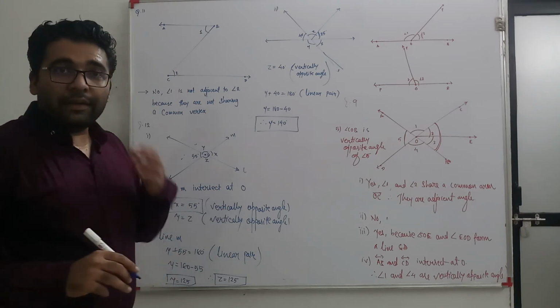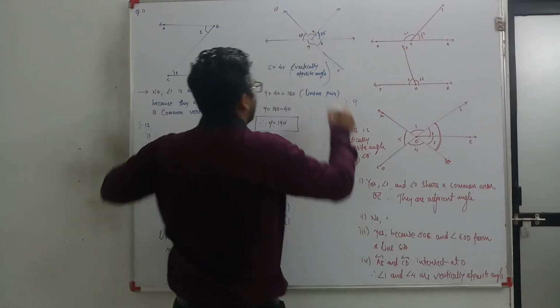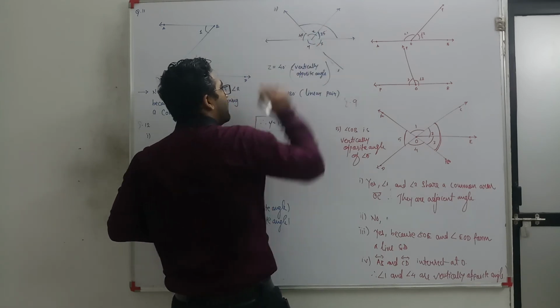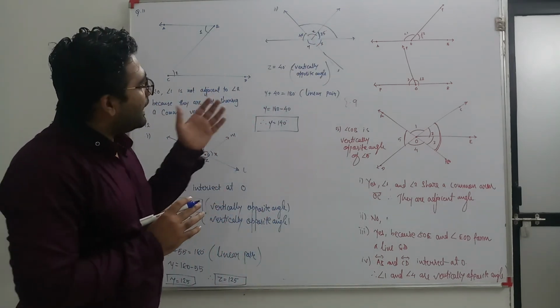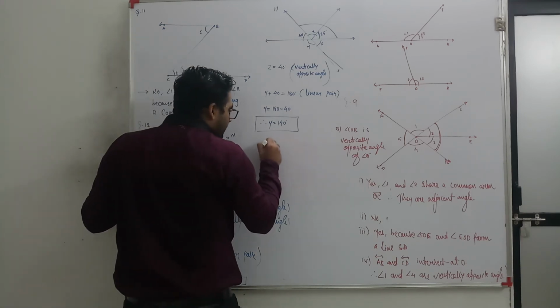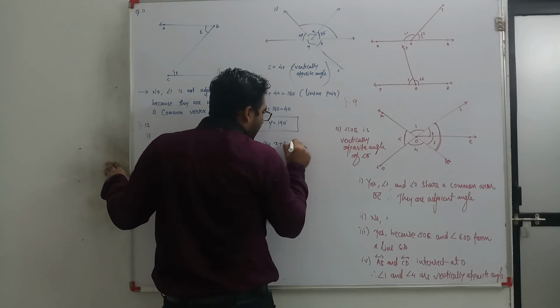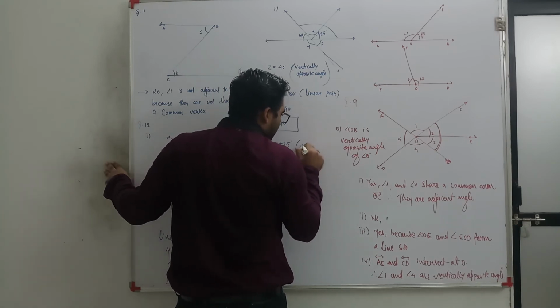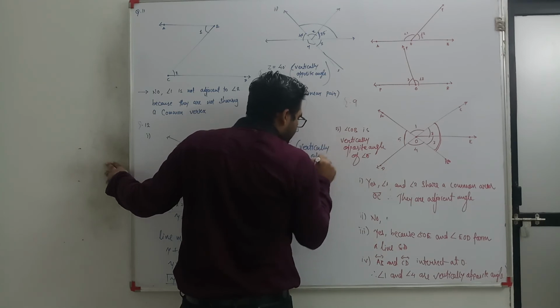Now, whenever we see that these two lines form vertically opposite angles, this complete part is vertically opposite of y. So we can write like this: y is equal to x plus 25. Why? Because of vertically opposite angle.